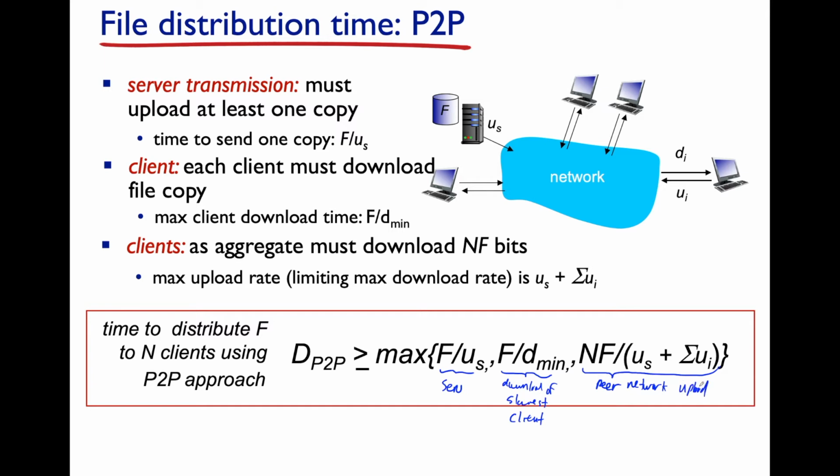Because when the peer network uploads, it's distributing those n copies of that file of size F. And so this is going to be the aggregate time for the peer-to-peer network to distribute this file for all of the n many peers that need it.